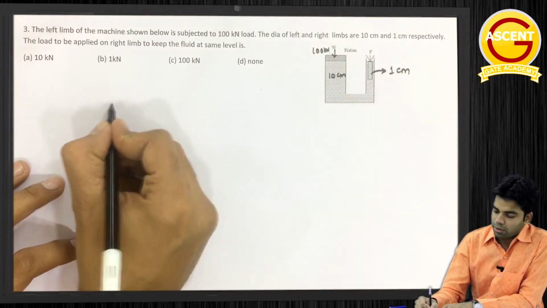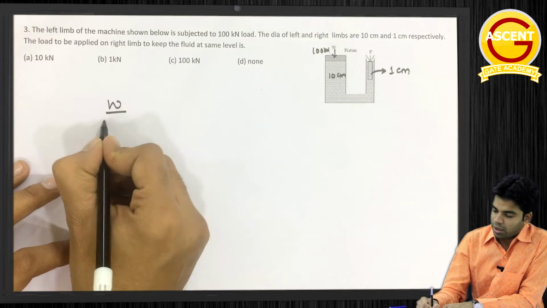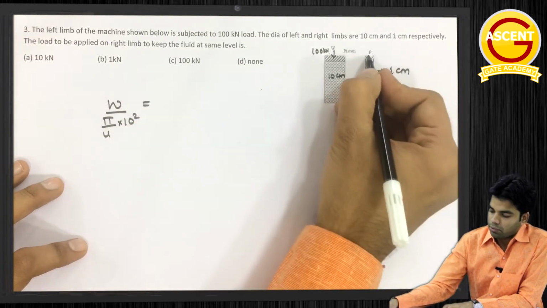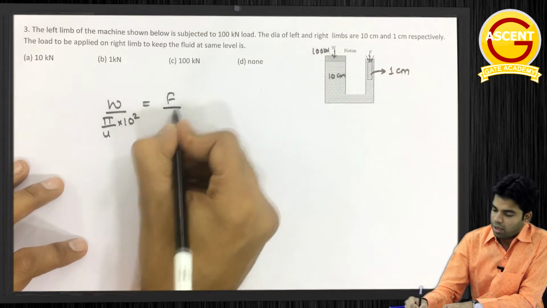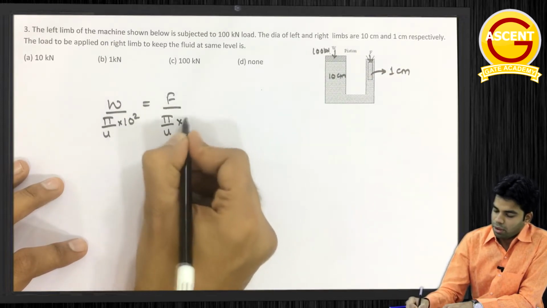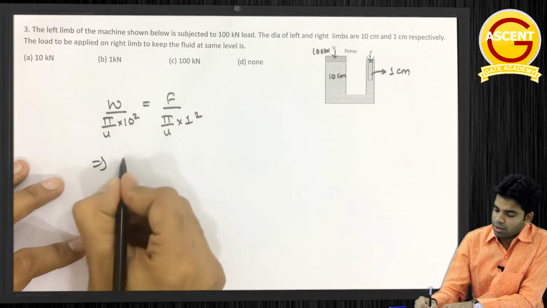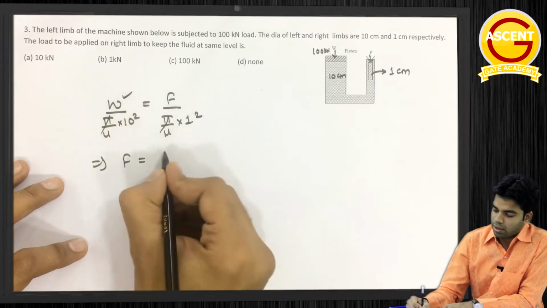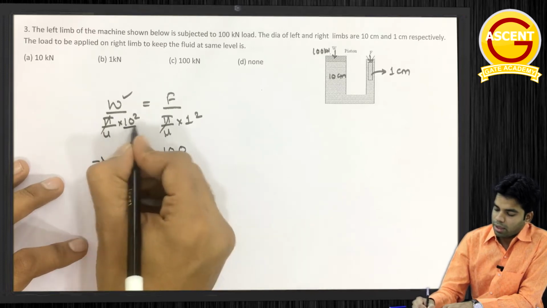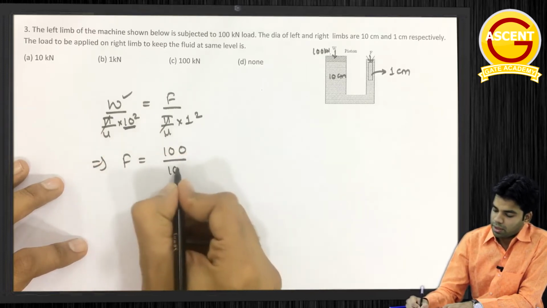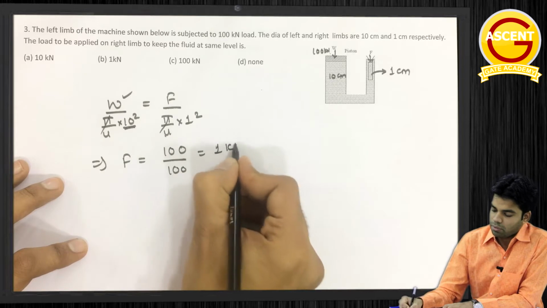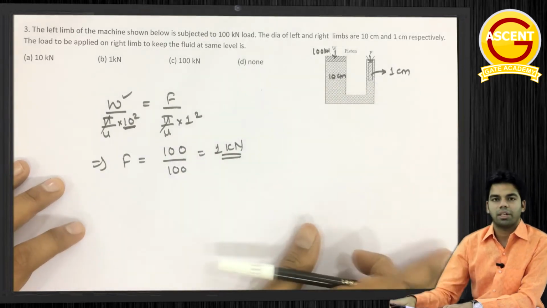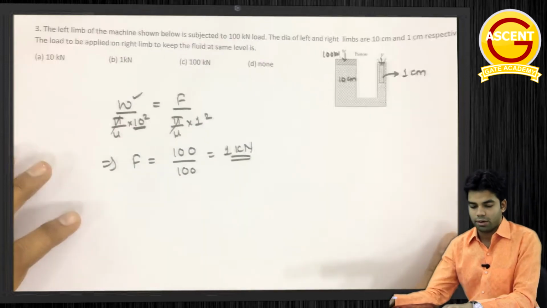So, this will be W divided by area, which is pi by 4 into 10 square, equal to force F divided by area, which is pi by 4 into 1 square. Okay, so from here this F can be calculated. So, this will be equal to W, given as 100 kilonewton, divided by 10 square, which is 100. So, force will be 1 kilonewton. So, on the application of 1 kilonewton of force, 100 kilonewton of weight can be lifted in hydraulic lifts.